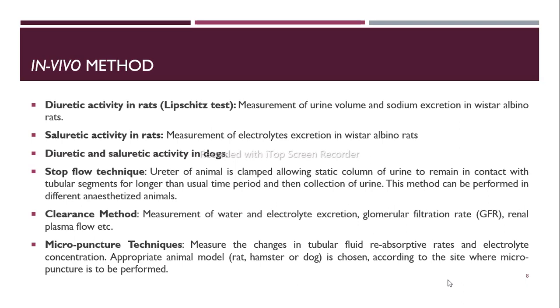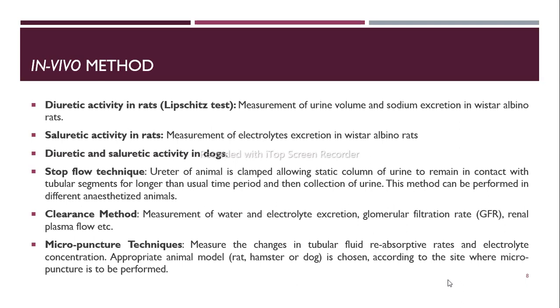Then we have the next method, that is the clearance method. In this, measurement of water and electrolyte excretion, glomerular filtration rate, that is GFR, renal plasma flow, etc. are measured. Then we have micropuncture techniques.